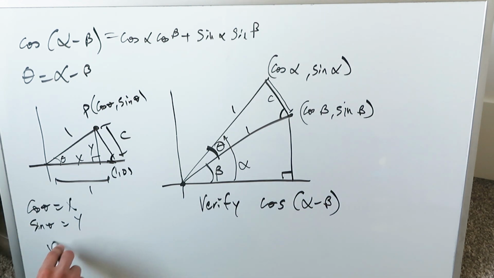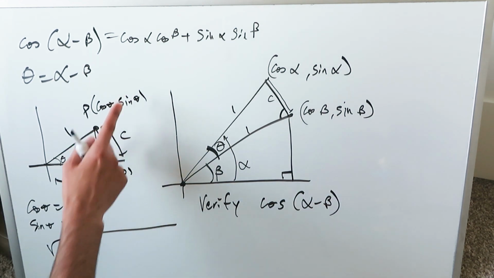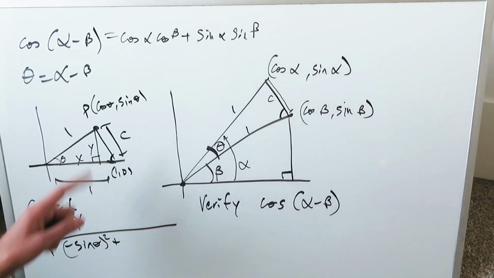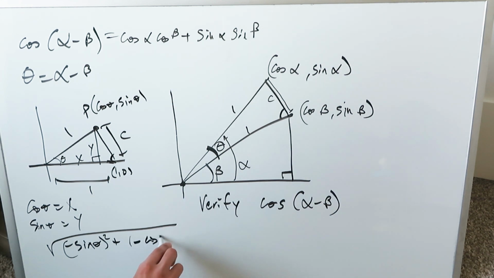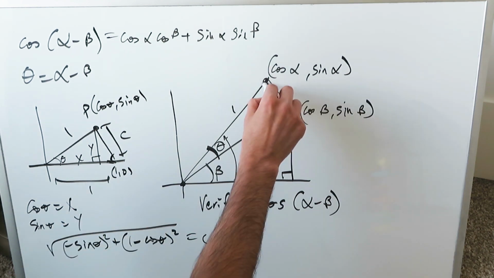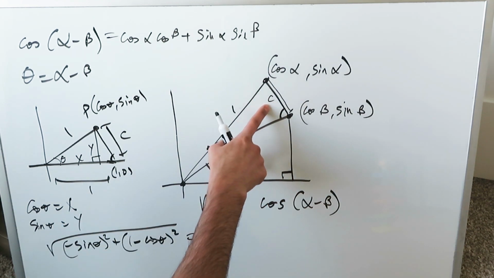You'll do the square root of y2 minus y1 whole square, which is 0 minus sine theta whole square, plus x2 minus x1 whole square, 1 minus cosine theta whole square, and this is equal to your length of segment C.